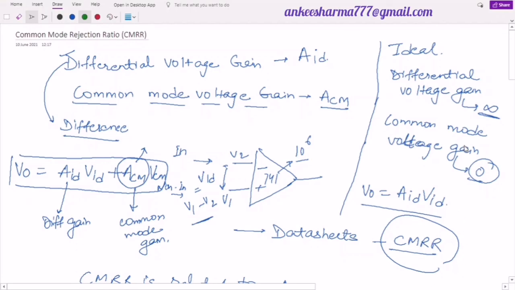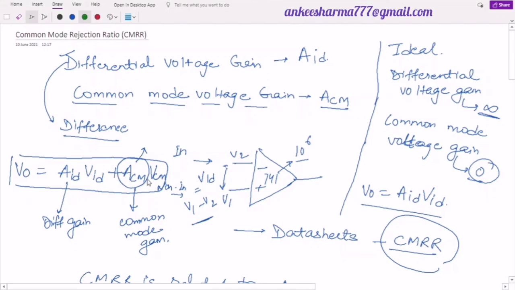As this gain is 0, the ratio will come out to be infinity, and its value is very large in good operational amplifiers. But what actually happens is the output is the sum of two values. One is the differential gain multiplied with the differential voltage.